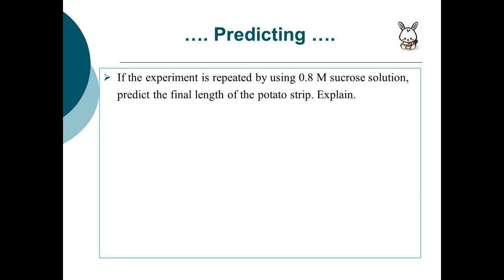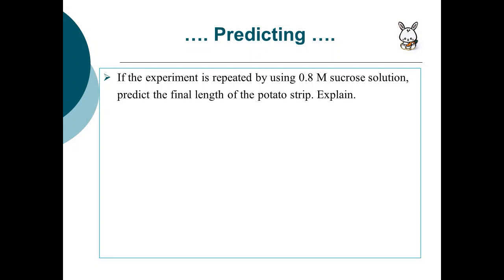In the previous experiment, the range of the concentration of the sucrose solution is 0.1 M to 0.5 M. Now, the concentration in the repeated experiment is 0.8 M, which is much higher than 0.5 M. So, what is your prediction? Does the final length of the potato strip increase or decrease? Please predict.